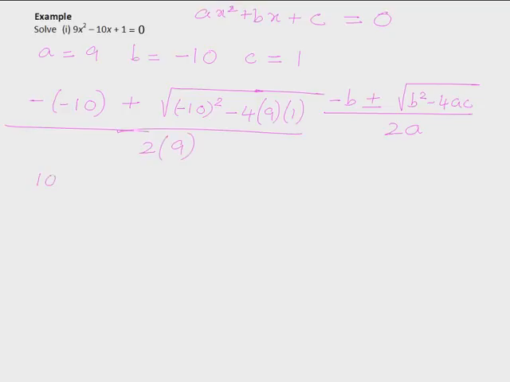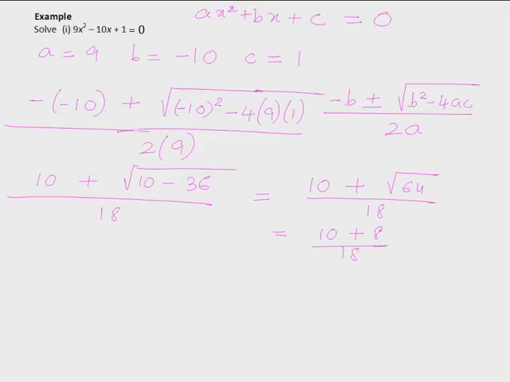That gives me 10 plus root of 100 minus 36 over 18. That gives me 10 plus root of 64 over 18. Root of 64 is 8, so that gives me 10 plus 8 over 18. That's 1. So one solution is 1.